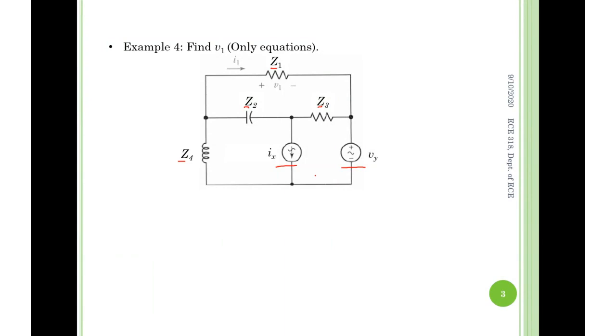And why are we doing so? Because both sources are what? AC sources. One is a current source, the other is a voltage source.